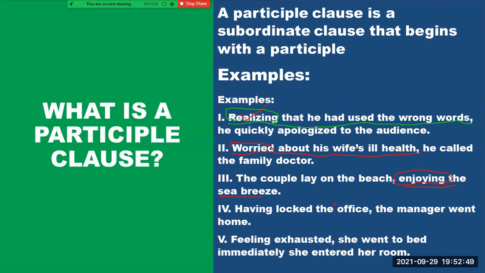Now, the next example is having locked the office. That's the participle clause here. Having locked the office, the manager went home. This clause begins with the participle having, which is a present participle. The next example: feeling exhausted, she went to bed immediately she entered her room.